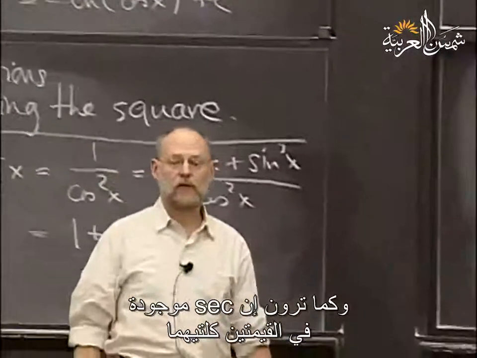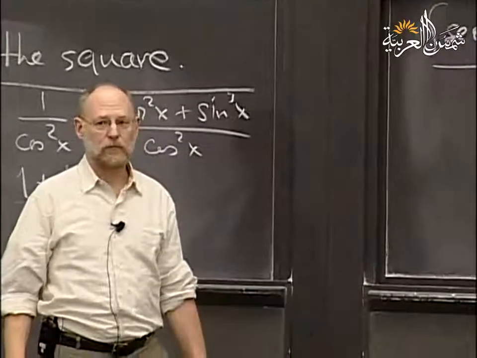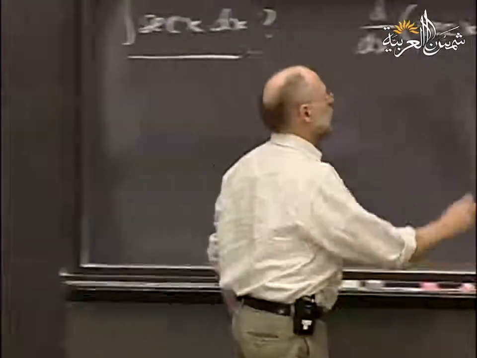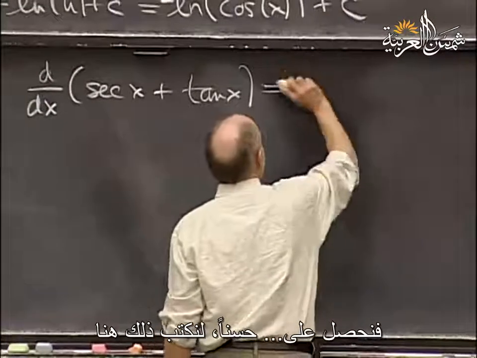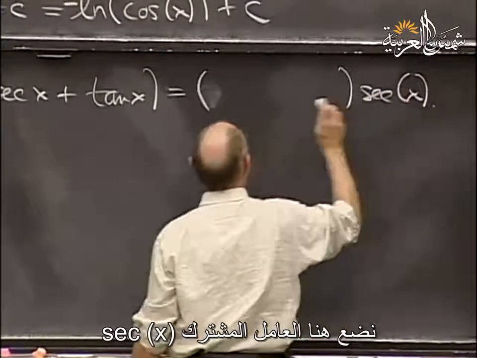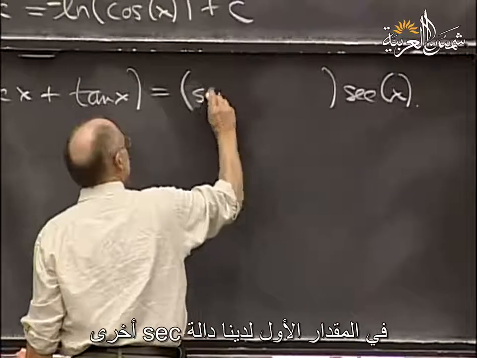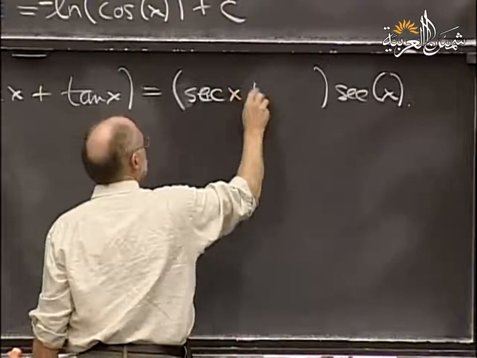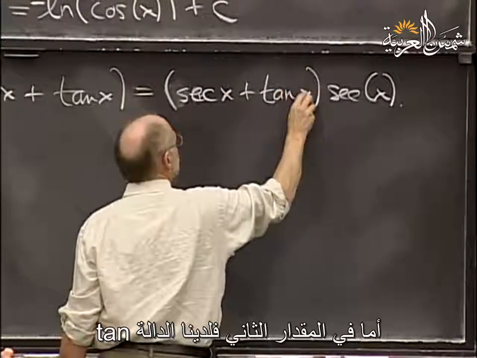And there's a secant that occurs in both of those terms. So I'll factor it out. There's the secant of x that occurs in both terms. And then in one term, there's another secant. And in the other term, there's a tangent.